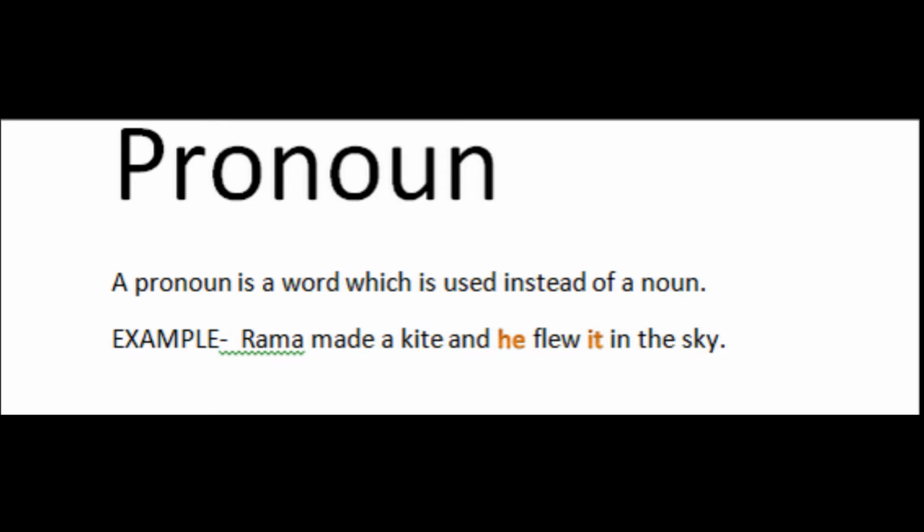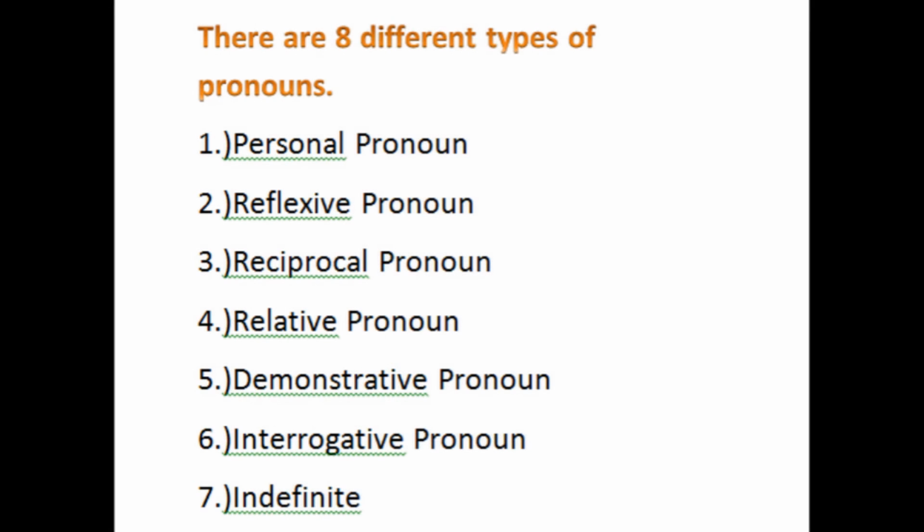In the upcoming sentences, you need not use the noun which is in the first sentence. Instead of that noun, we can use pronouns. For example, Rama made a kite and he flew it in the sky. Here, in the first sentence, we have used Rama, but in the second sentence, instead of using Rama again, we use he.